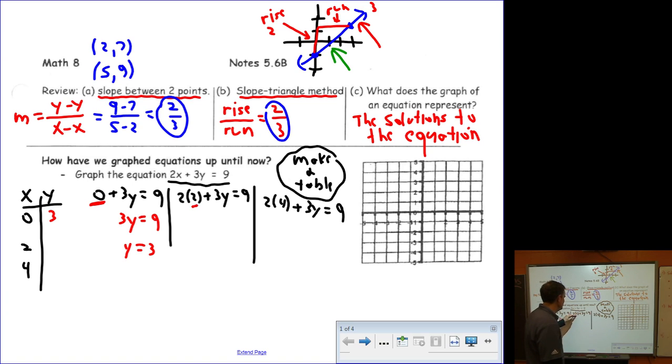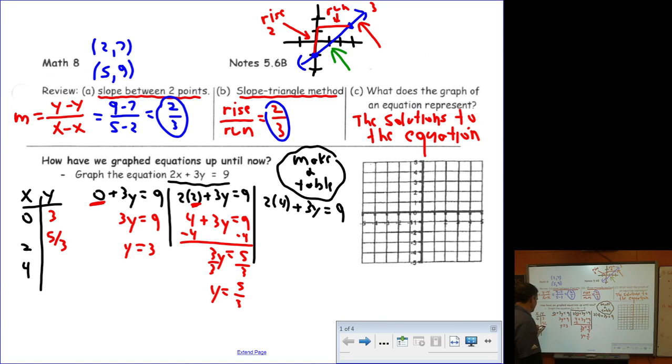When I put 2 in place of the x, I get 4 plus 3y equals 9. And I would subtract 4 from both sides and get 3y equals 5. And I would divide by 3 and get y equals 5/3. You might remember that 5/3 is exactly 1 2/3.